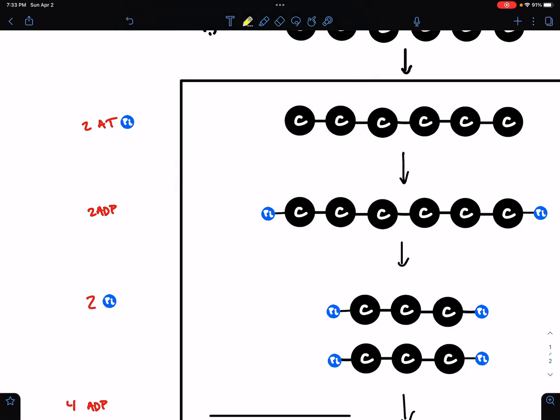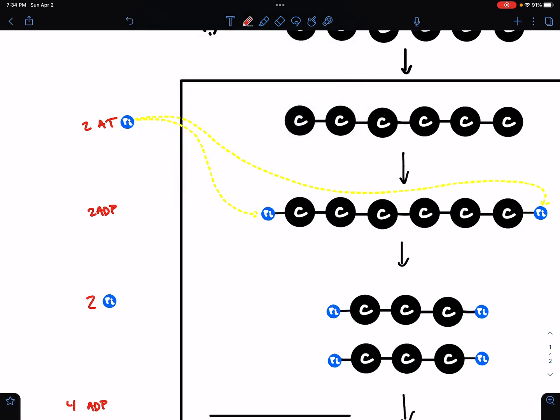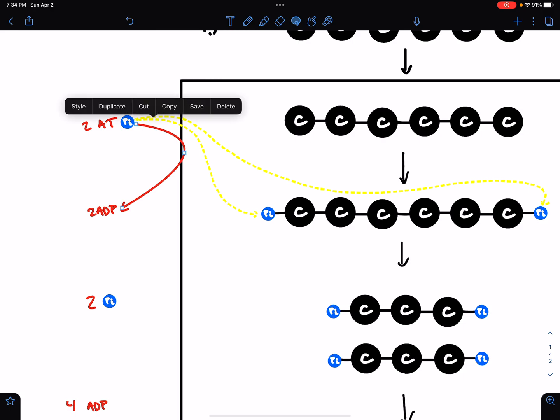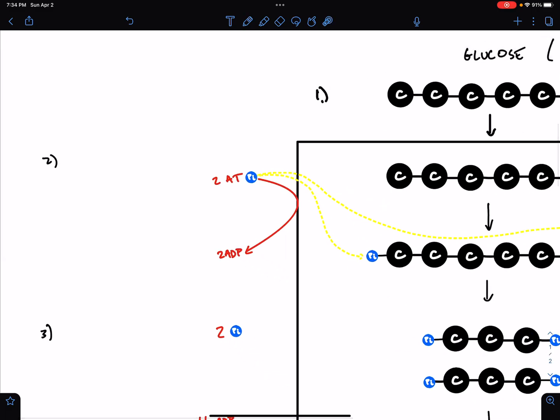So our ATP is going to swing in here, and the phosphate groups from these 2 ATP are going to be transferred to glucose. In doing so, we spend 2 ATP, and when ATP is broken down, we end up with ADP, adenosine diphosphate, because we've transferred 2 phosphate groups here.